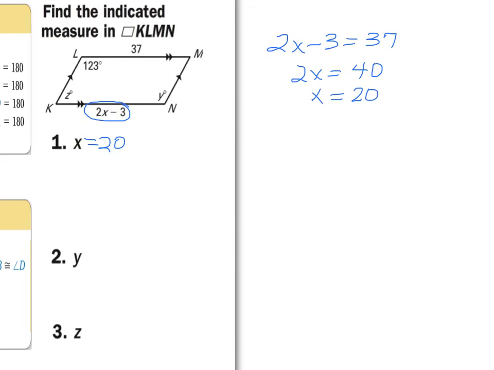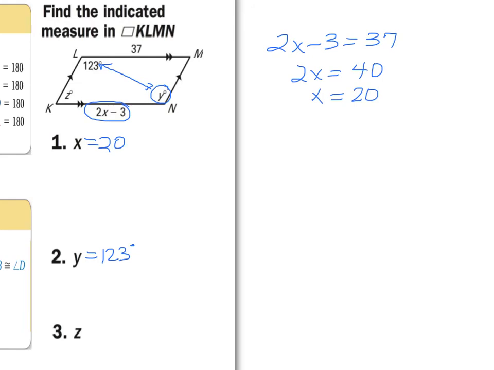Now, letter Y. As you look at letter Y, you'll notice it is an angle measure, and it's opposite of the 123-degree angle. Well, remember, in a parallelogram, opposite angles are congruent. So therefore, Y has to be 123 degrees. Okay?